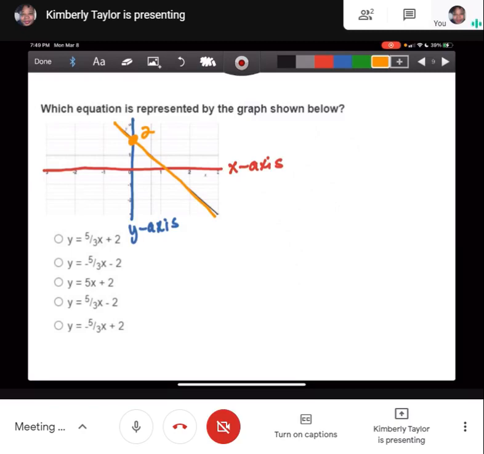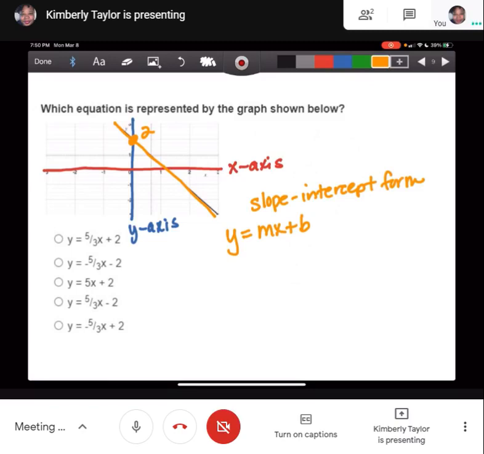So all of these equations are in the format y equals mx plus b. This is called the slope-intercept form. So all of the equations listed in your answer choices are in slope-intercept form.